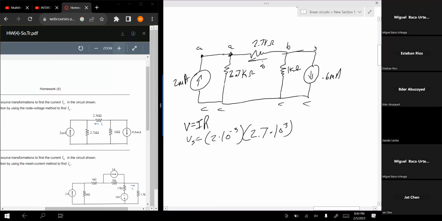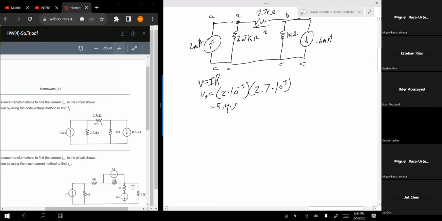If we punch that into a calculator, we get 5.4 volts.